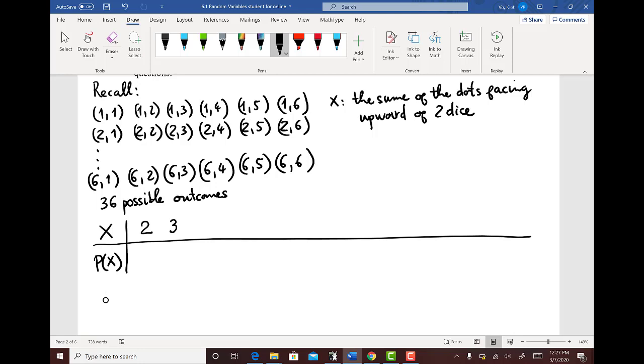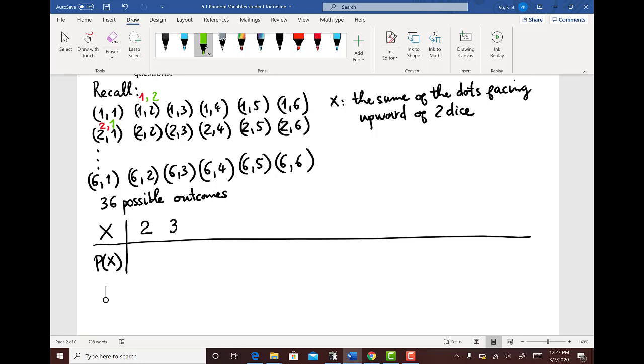You can think of this as one of the dice being red and the other being green. A red 1 and a green 2 would be different from a red 2 and a green 1.